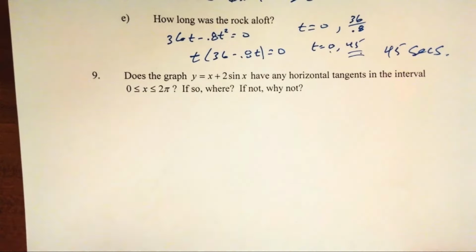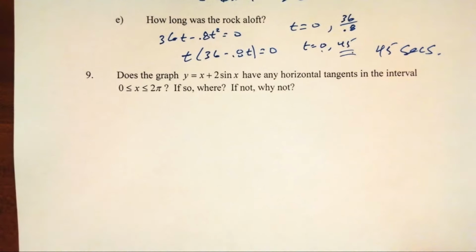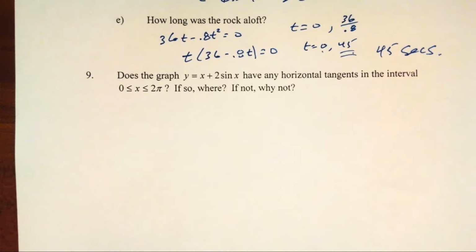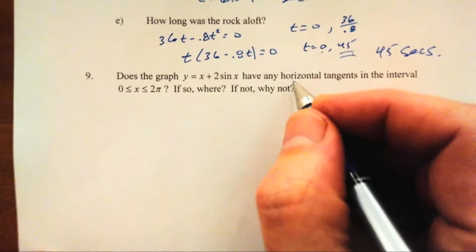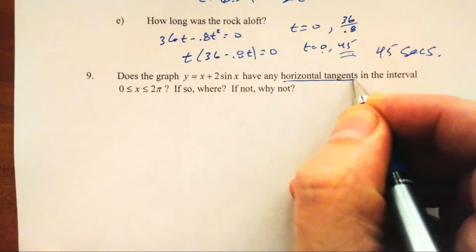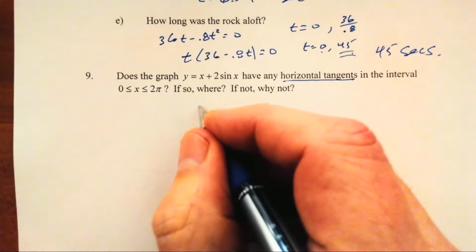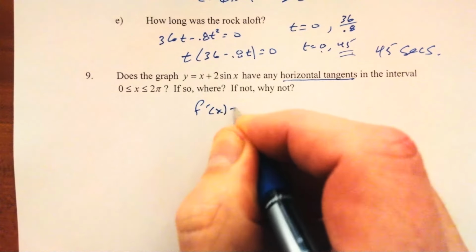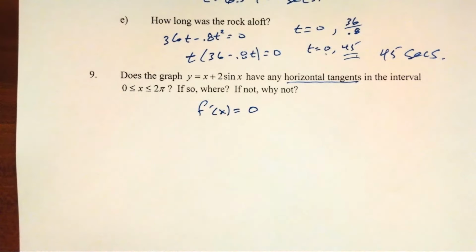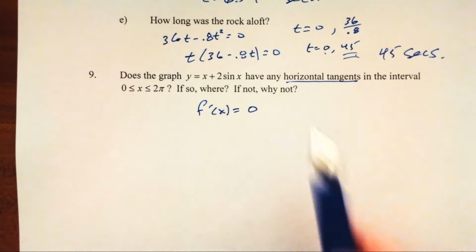All right, number 9. Does the graph of y equals x plus 2 sine of x have any horizontal tangents in the interval 0 less than or equal to x less than or equal to 2 pi? If so, where? If not, why not? All right, talk calculus to me. Horizontal tangents. Horizontal tangents. First derivative equals 0. It's just different language.